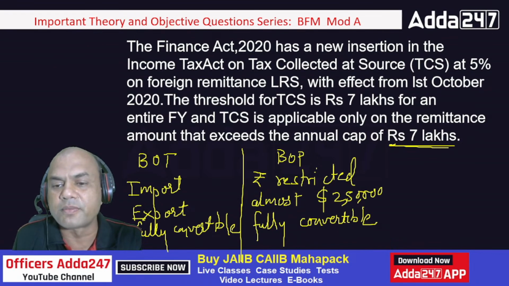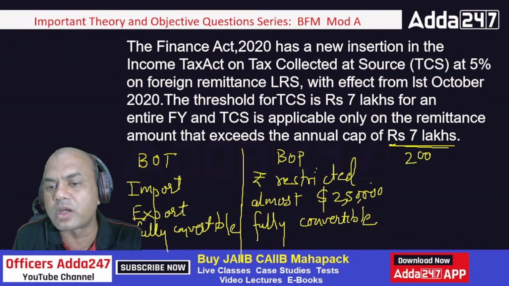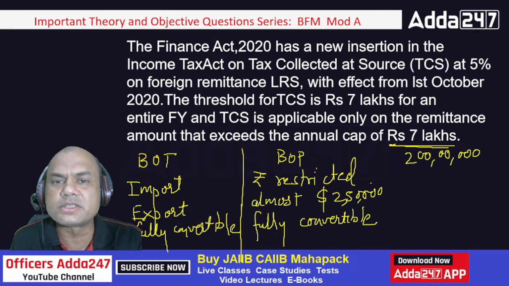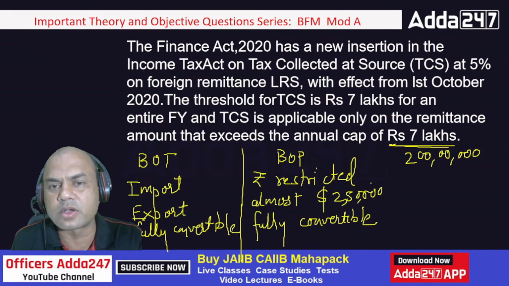Let it be simple. Roughly, I'm transferring 200 lakhs. So if I transfer USD 2,50,000 out of India today, the government says okay, you transfer it, not an issue. Under this FEMA, there is no problem.